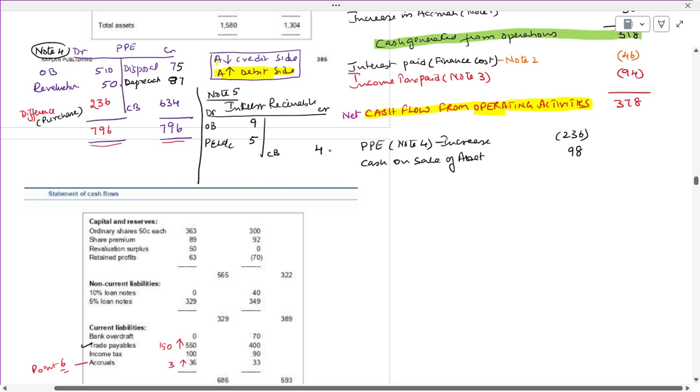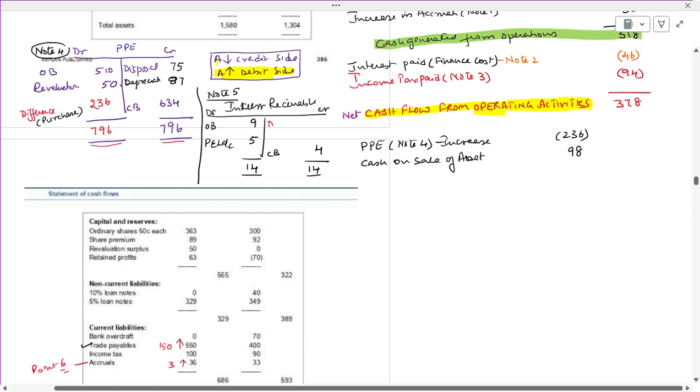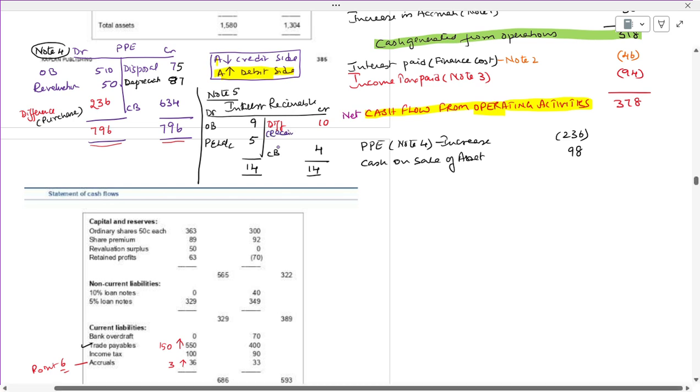Okay. Total will be how much? 14. Difference will be how much? Difference is 10. Is it right? If the difference is on the credit side, it is received.